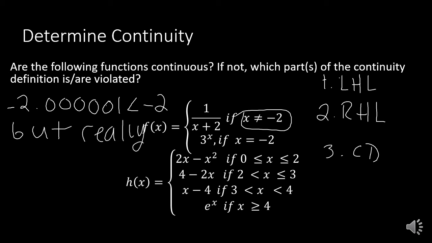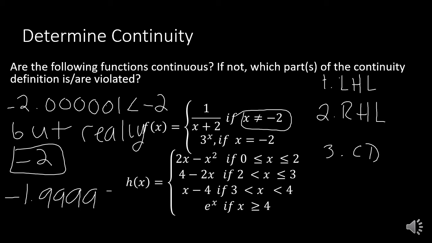But what about -2.00000001? Those are also numbers smaller than -2. And on the other hand, what about numbers that are slightly bigger, like -1.99999 repeating?